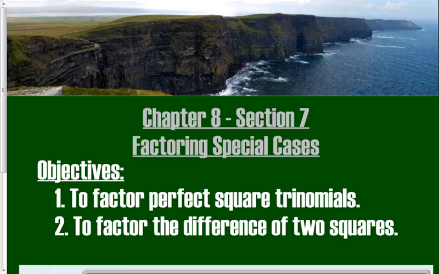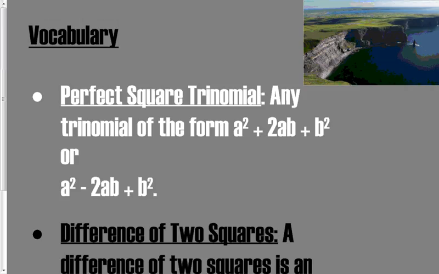So that's where our two goals come in here. We're going to factor perfect square trinomials, and we're also going to factor the difference of two squares. A perfect square trinomial is any trinomial of the form a squared plus 2ab plus b squared, or a squared minus 2ab plus b squared, where we have perfect squares at the end.